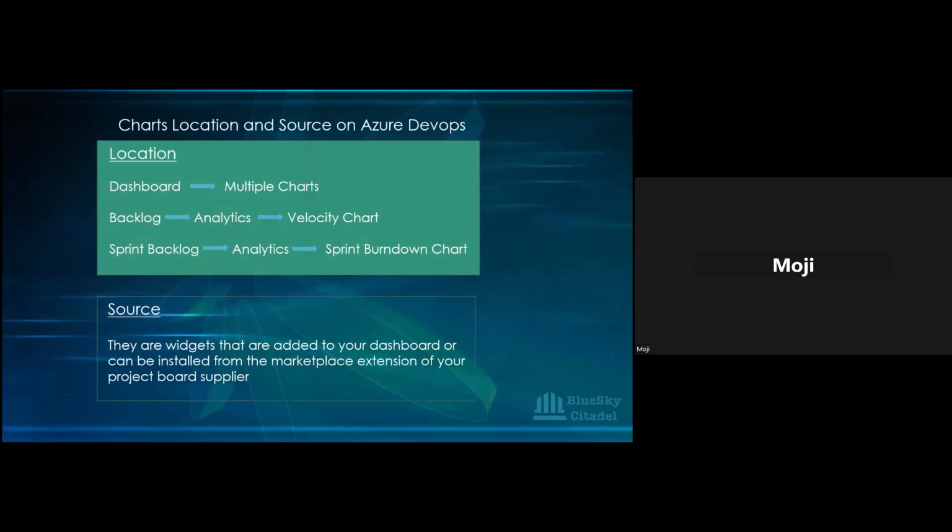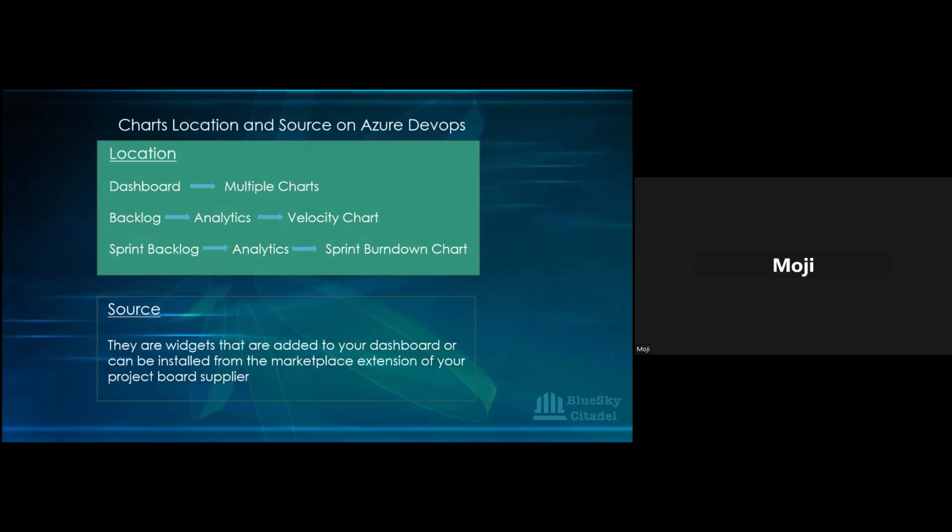the location of your chart. Okay, so there are 3 places on your board that you can find your chart. On your dashboard, definitely you can have multiple charts. You can have your burn down chart, you can have your velocity chart, you can open different types of burn down charts just to see what they are.